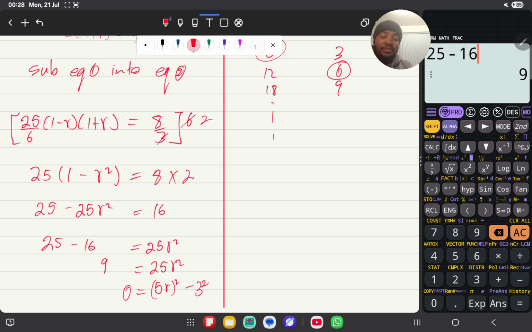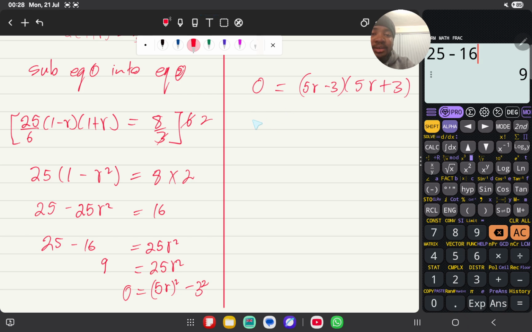What do you see? Difference of two squares, né? So now with difference of two squares, we do exactly what we just spoke about. It's 5r minus 3, first bracket, 5r plus 3, second bracket, and you're done, right?